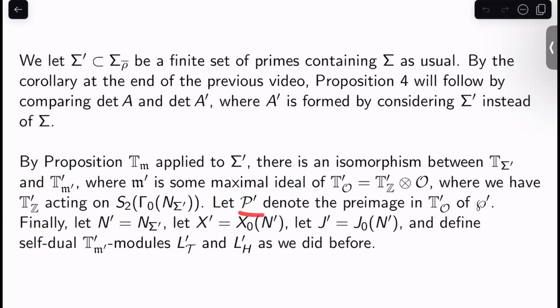We'll let P prime denote the preimage in T prime sub O of WP prime, and we'll let M prime equal n sub sigma prime just for brevity. We'll let X prime be X naught of N prime, and J prime be the Jacobian J0 of N prime as usual, again for brevity, and we'll define self-dual T prime sub M prime modules L prime sub T and L prime sub H, just like we defined L sub T and L sub H before, okay?